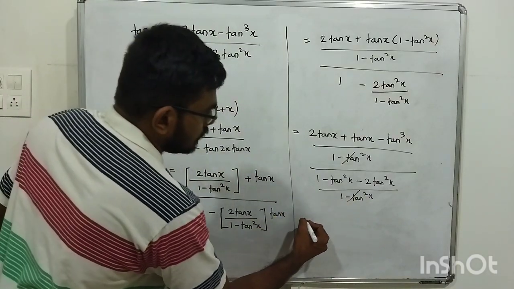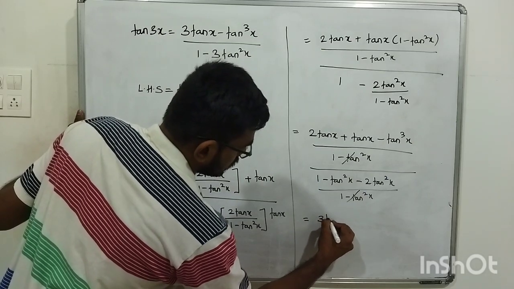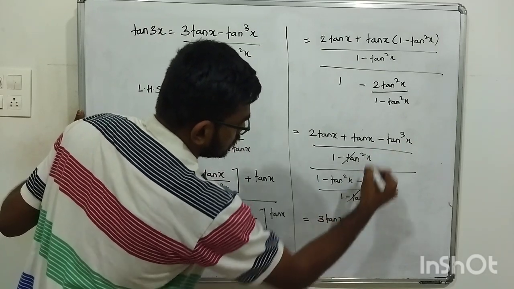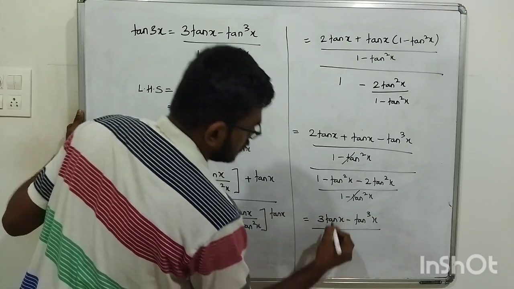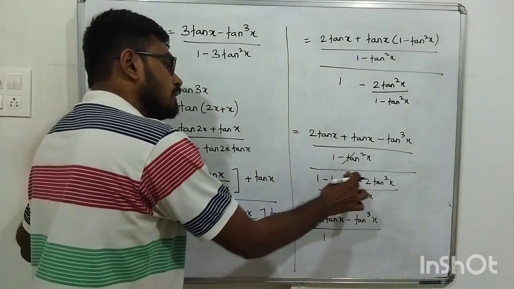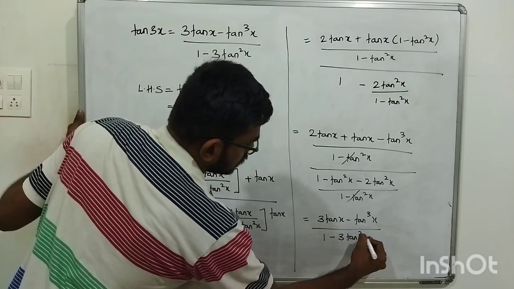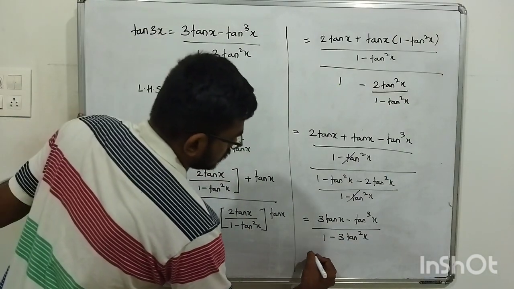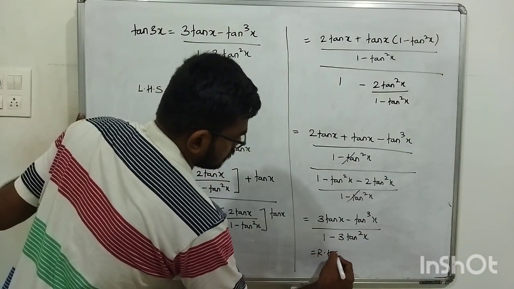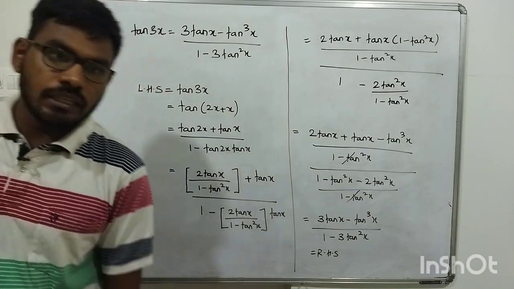And then just simplify the numerator and denominator. 2 tan x plus tan x, 3 tan x minus tan cube x, upon 1 minus 1 tan square x and 2 tan square x, so 3 tan square x. Both are minus, so we add and take minus sign. So which is same as RHS. So hence we have proved this. This is tan 3x.